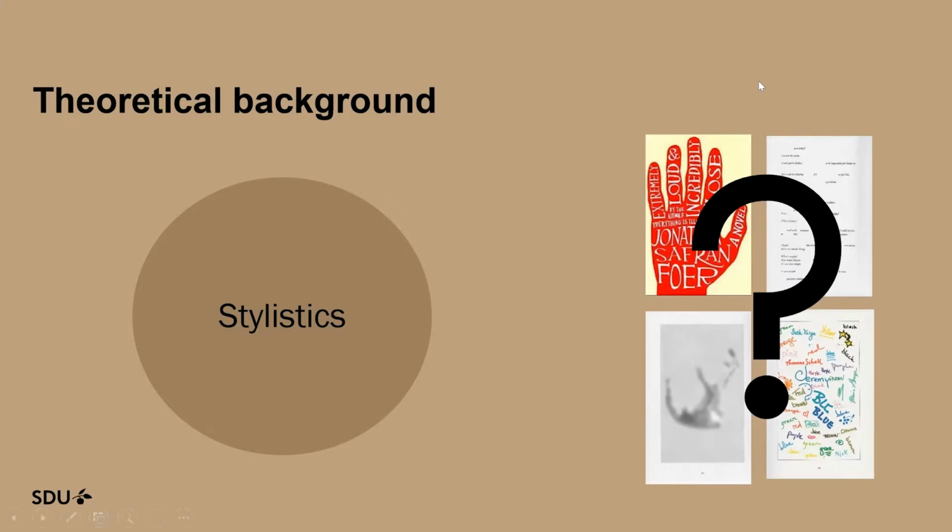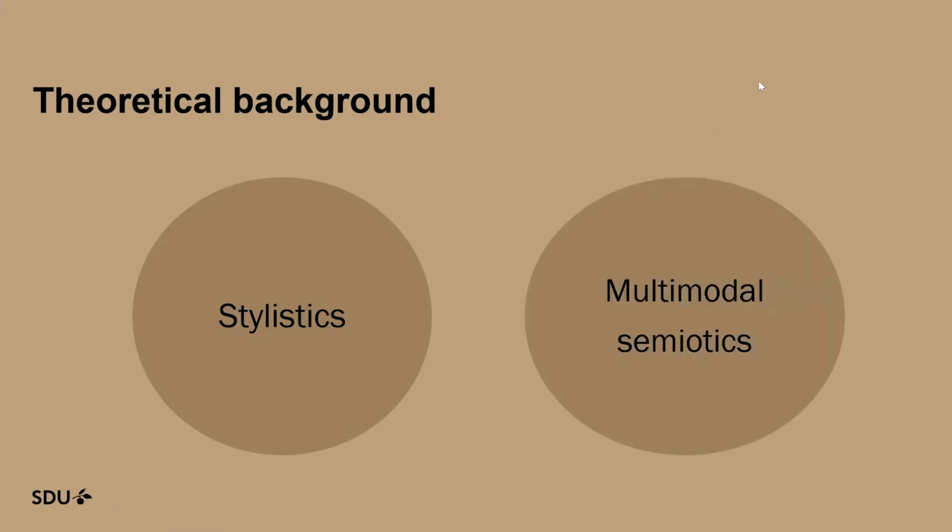Okay, so roughly at the same time, I came across the social semiotic approach to multimodality called multimodal semiotics. Some of the main proponents are Theo van Leeuwen and Gunther Kress, that you may know from their work Reading Images, for instance. And multimodal semiotics is an approach to communication that acknowledges all the semiotic modes that go into communication, all the semiotic resources, if you like.